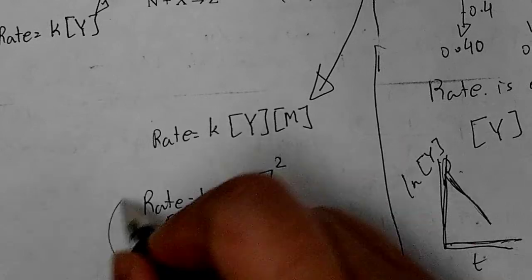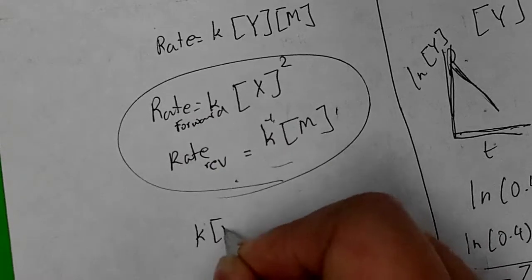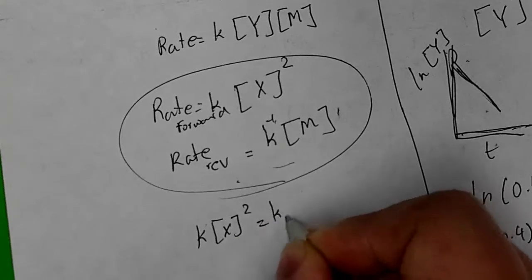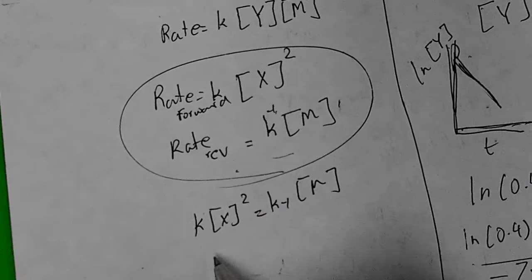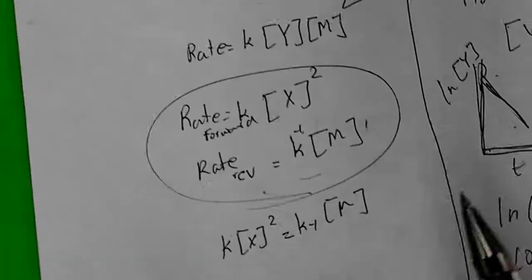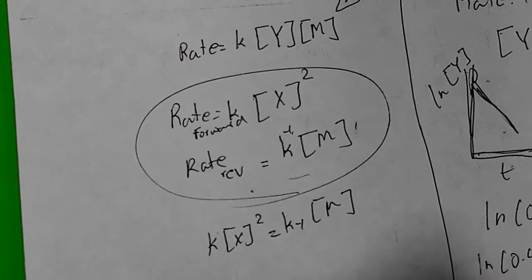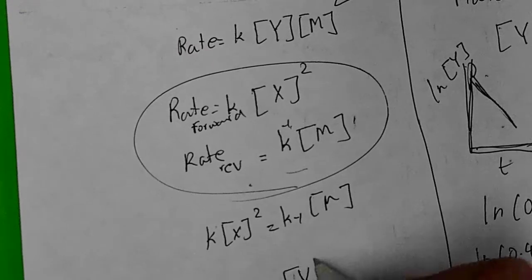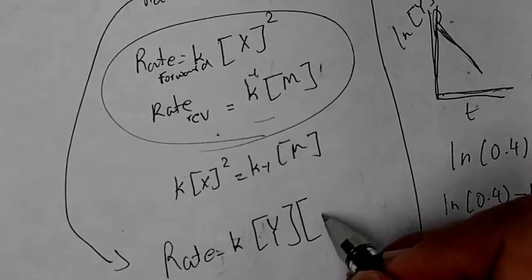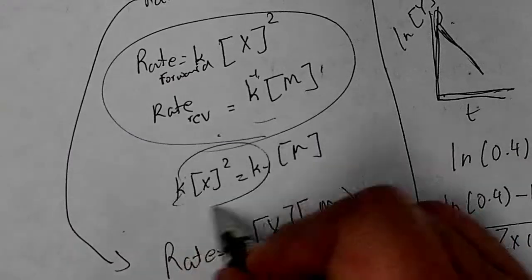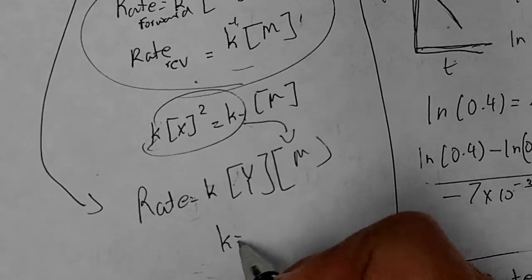Now I can equate these two together. So I can say K X squared is equal to K inverse M. Pretty much saying M is equal to K times X squared. So I can plug this into here, so rate is equal to K Y instead of M, with X squared.